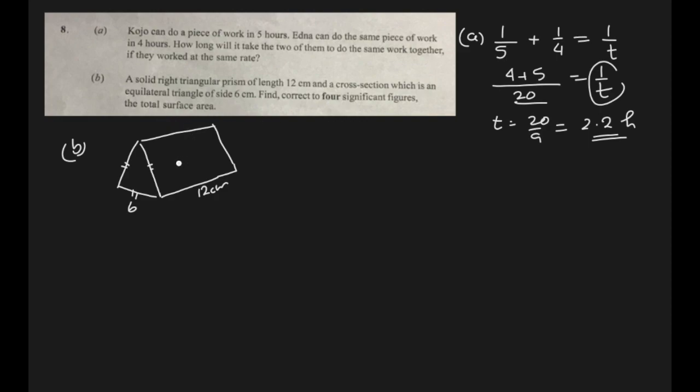To find the total surface area, I should count how many surfaces are there first. So one is this surface, one will be on the back side here, and one will be at bottom, 3. This is number 4, and number 5 will be on the back side of this, which will also be a triangle, something like this. So let's find the area of this rectangle first, which is clearly visible to us.